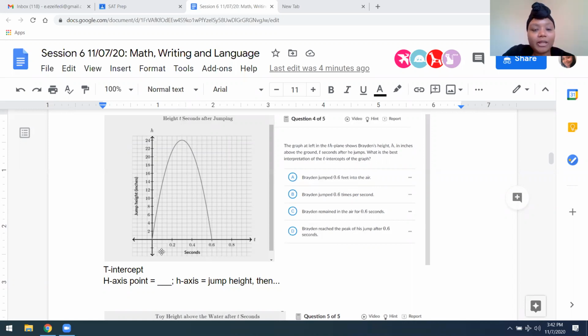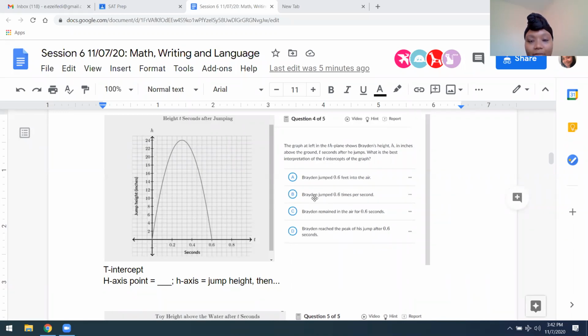We know that's wrong because 0.6 is a measurement given for seconds, not for feet. 0.6 is within this number line. It's a possible number, but it's not highlighted as a number. Meaning that the value 0.6 is within the h axis, but it's highlighted more in the t axis, and it's right there.